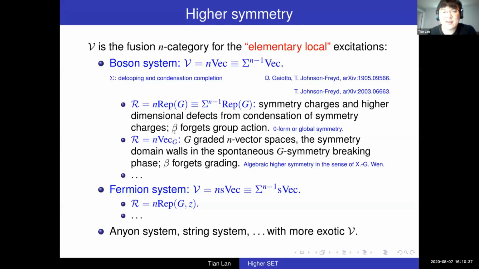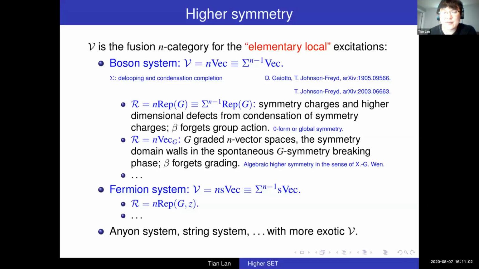For this case, we take beta to be the functor that forgets the group action. So this is basically how we describe zero-form global symmetry in this generalized definition. Another example is the category of G-graded n-vector spaces.